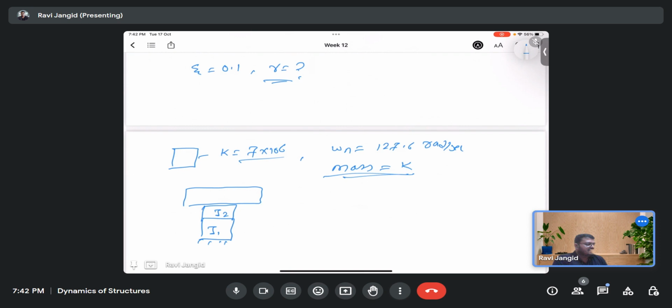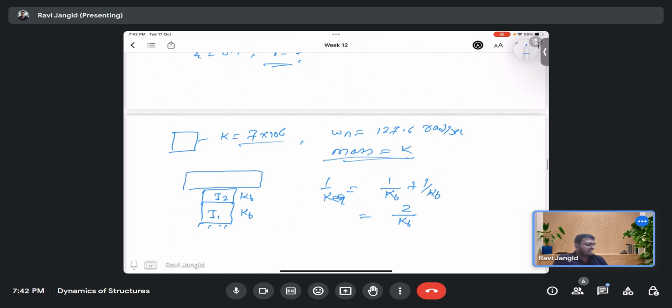If I put two isolators in series, how much would my stiffness be? My K equivalent would be K by 2. So it will reduce to 3.5 into 10 raised to power 6 Newton per meter.